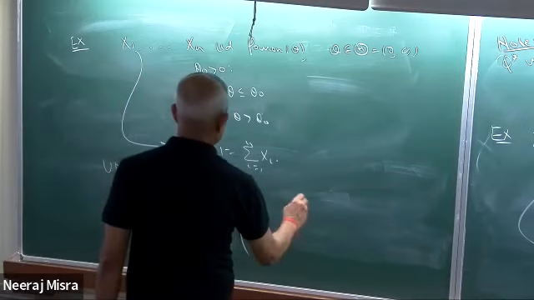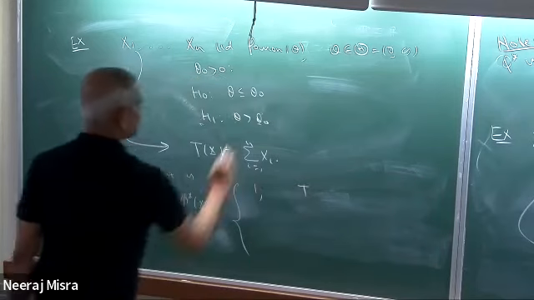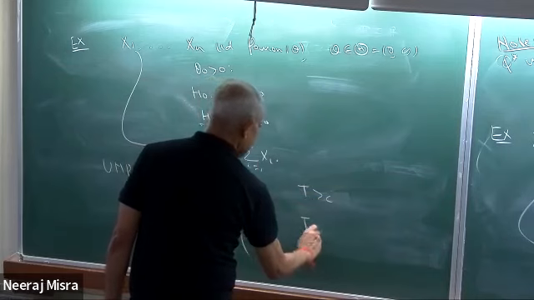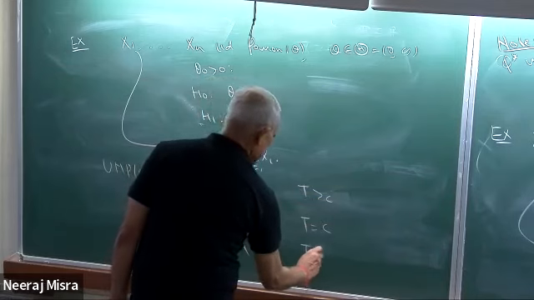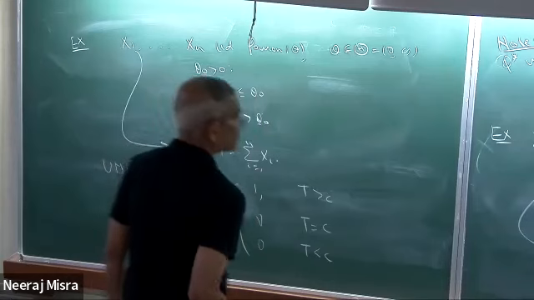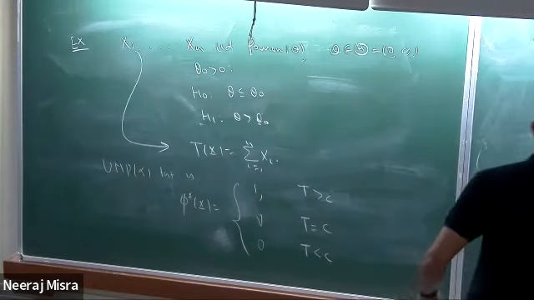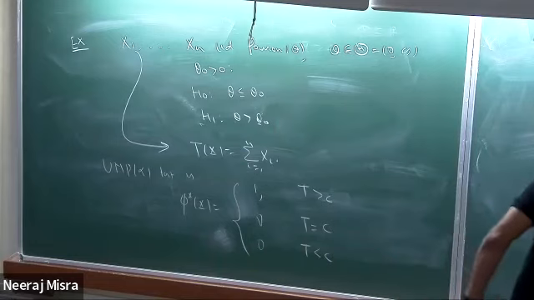Phi star is 1 if T greater than C, gamma if T is equal to C, 0 if T is less than C, since under H naught larger values of theta. And how do you choose gamma and C?